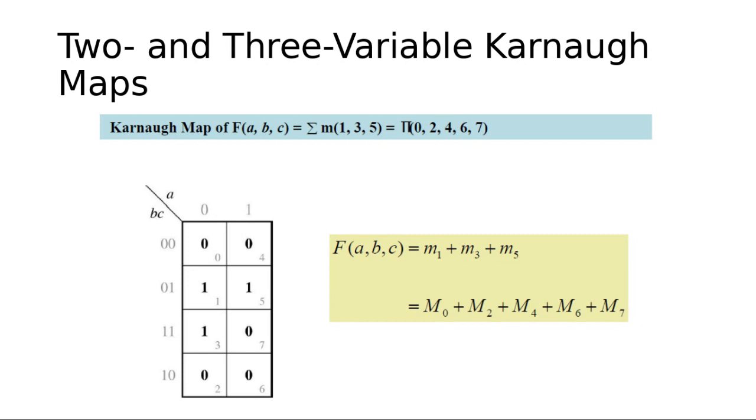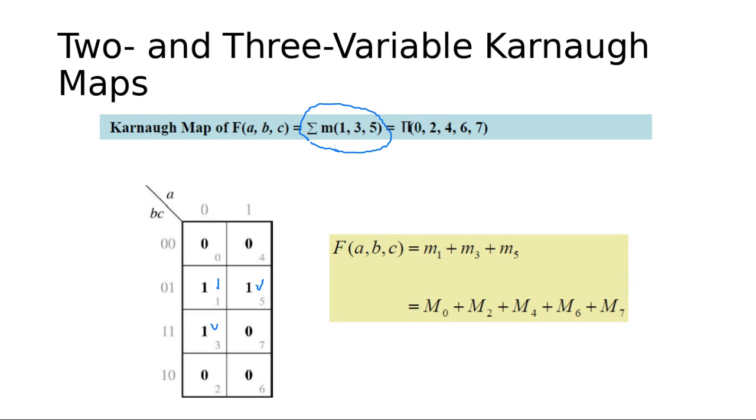In the Karnaugh map, you have this min term, right? You have this one. There is a 1, 3, 5. It means min term.